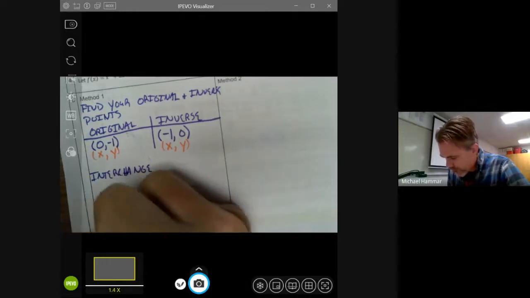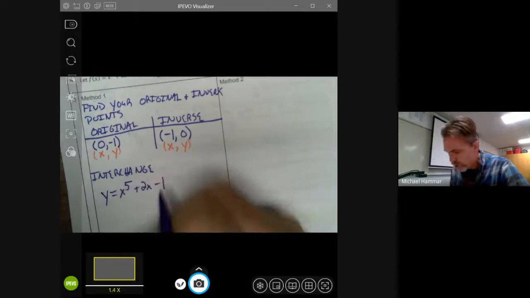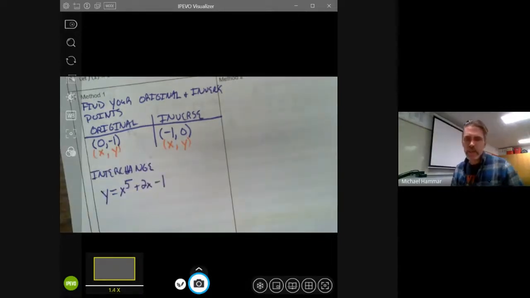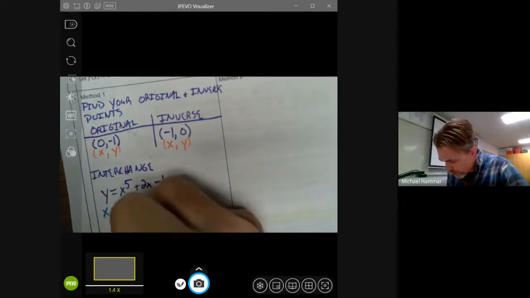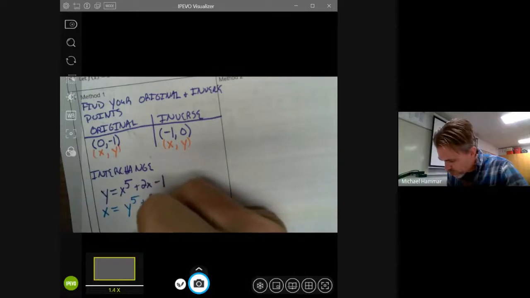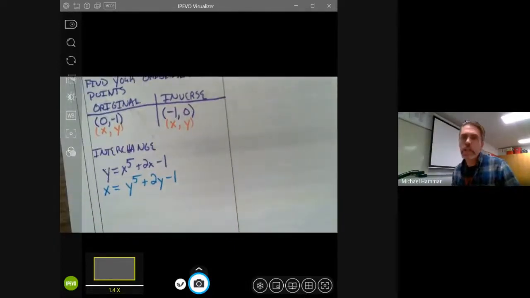We have y equals x to the 5th plus 2x minus 1. The first thing you do is interchange your x's and your y's. So we're going to go x equals y to the 5th plus 2y minus 1.